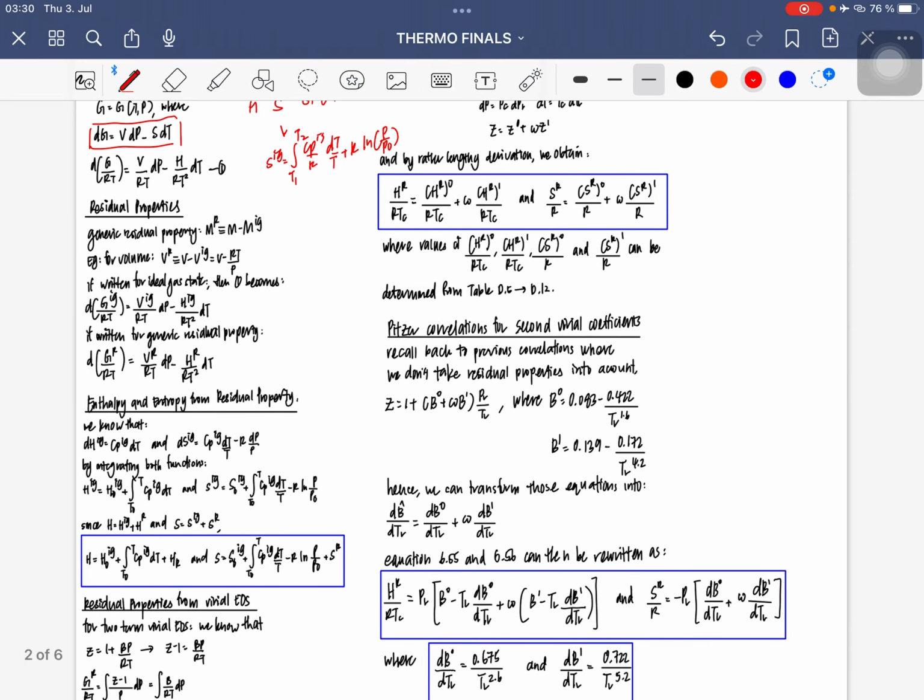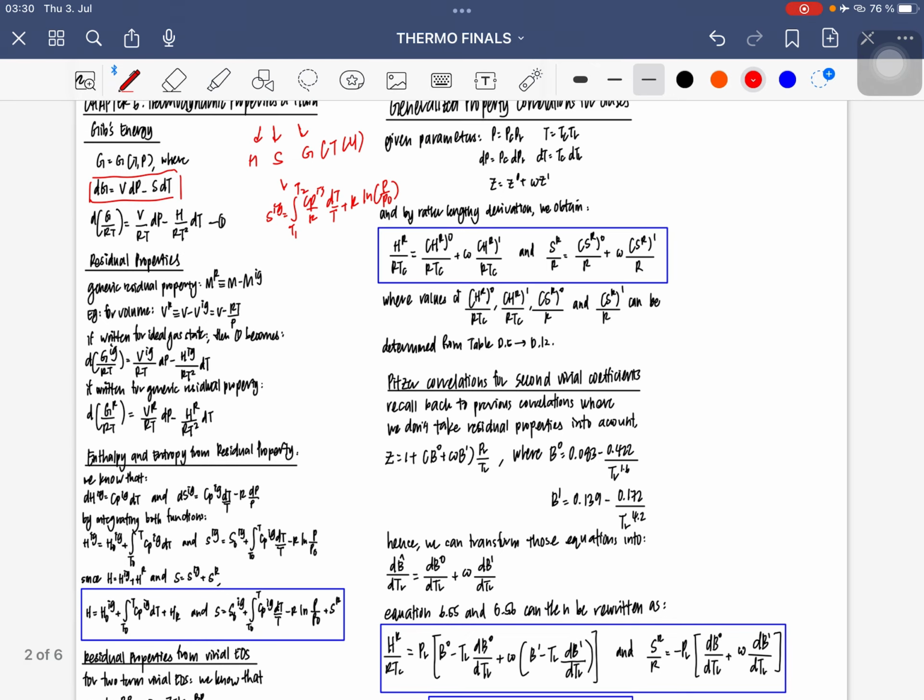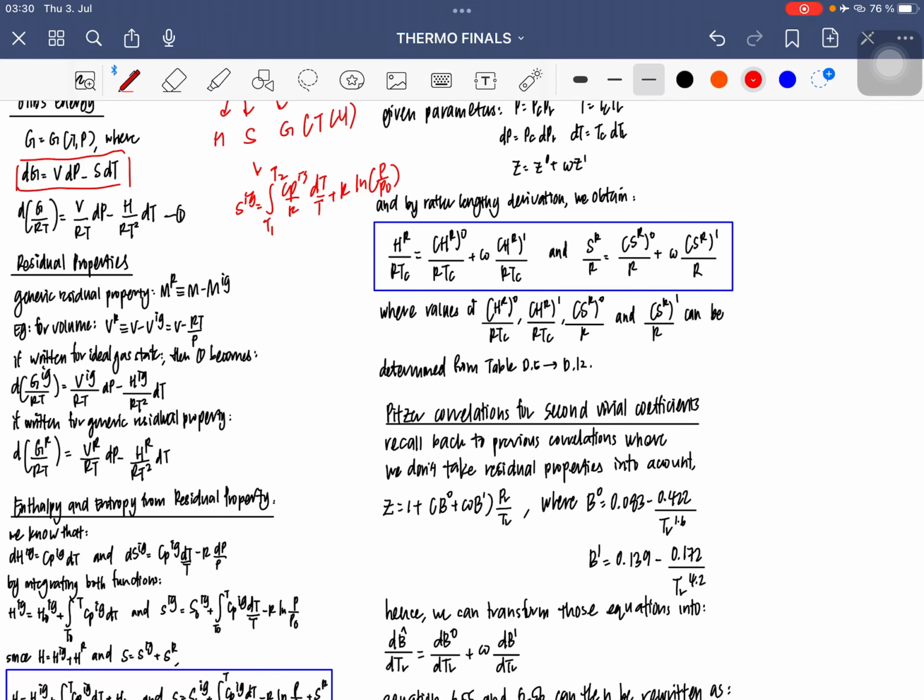So now let's go on to residual properties. Remember when I said from the chapter before why we are only assuming ideal gases and not real gases. So here comes the part where we assume the system as real gas. It's not really that complicated. Basically what we want to find is the residual properties, how much the real thermodynamic properties deviate from the ideal part.